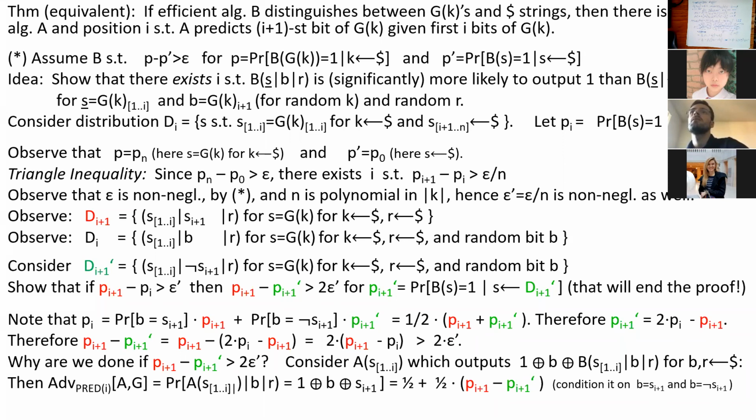Whereas before the hybrid was over the number of operations of G, here we have a single operation of G, but we fill in some of G's outputs with random bits. We substitute some of G's outputs with random bits. So it's conceptually different, but philosophically similar.